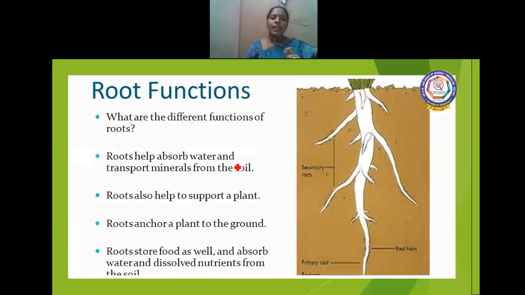Root helps absorb water and transport minerals from the soil. Root anchors a plant to the ground. Root stores food as well as absorbs water and dissolved nutrition from the soil. So these are the main functions of the root.